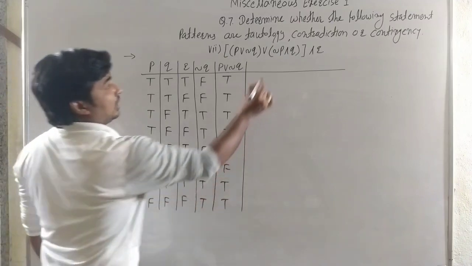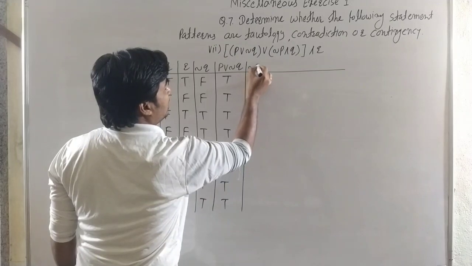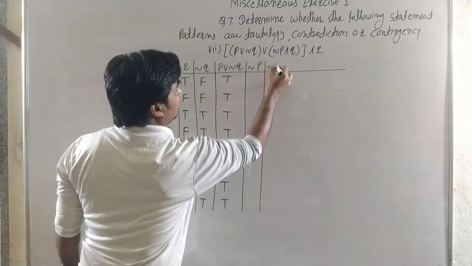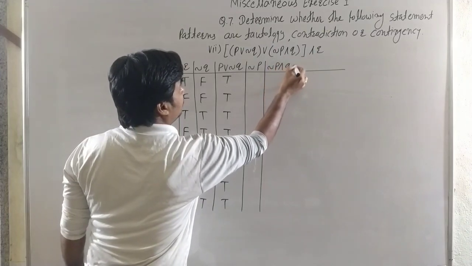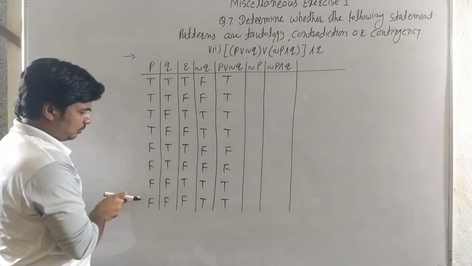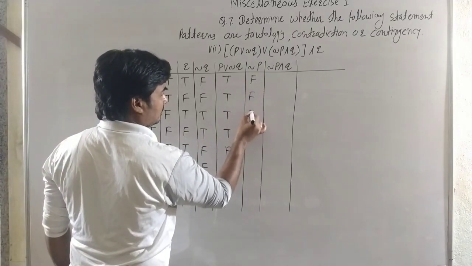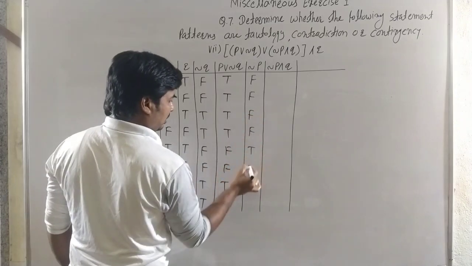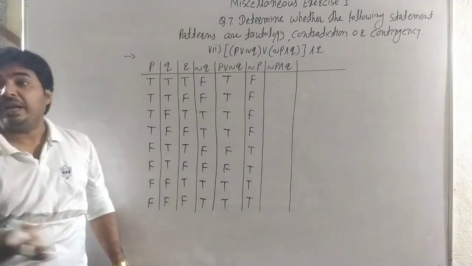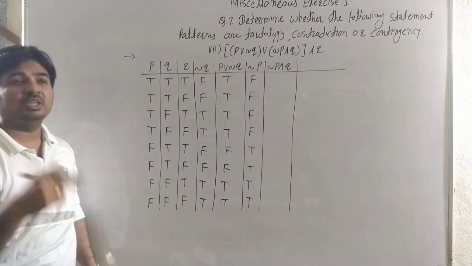Okay. Now next, negation P and Q. First find the negation P, then negation P and Q. Negation P: P is 4 times true, 4 times false, so negation P is 4 times false, 4 times true. Then negation P and Q. In AND, when both are true, then the result is true.